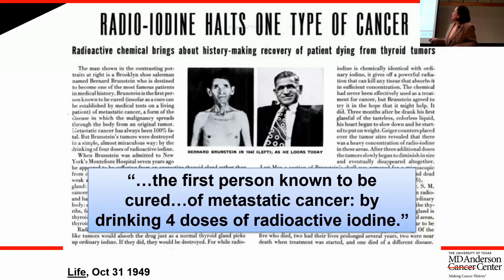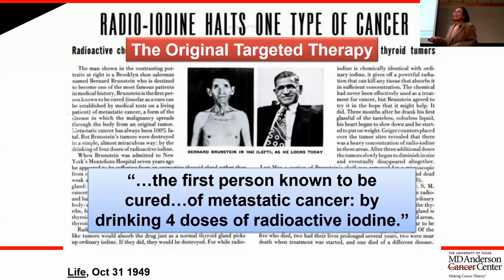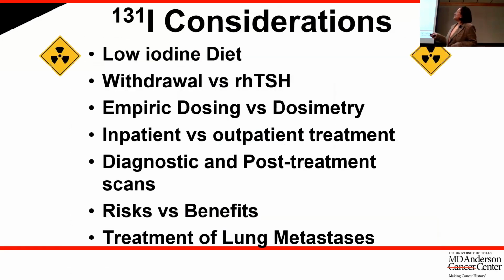So this is how he looks now after the treatment. So it really made a big difference. This person had metastatic follicular thyroid carcinoma, treated with radioactive iodine, and boom, he is cancer free. So this was our original targeted therapy before we started targeting BRAF and this and that. This was targeting the iodine, using iodine to target the thyroid cancer.